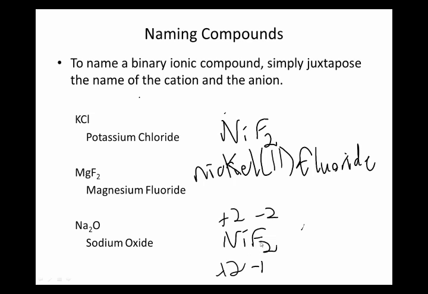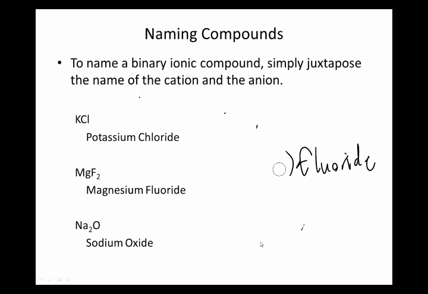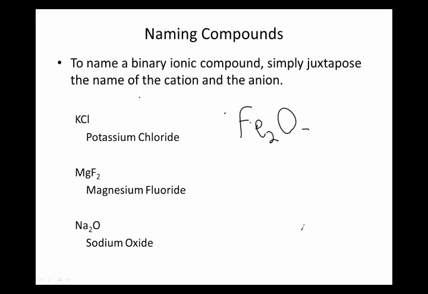So, to put this into another practice, let's do iron Fe2O3, right? Okay. Well, this is going to be iron something oxide, right? But I got to figure out what that something is. I got to figure out what the charge on iron is.